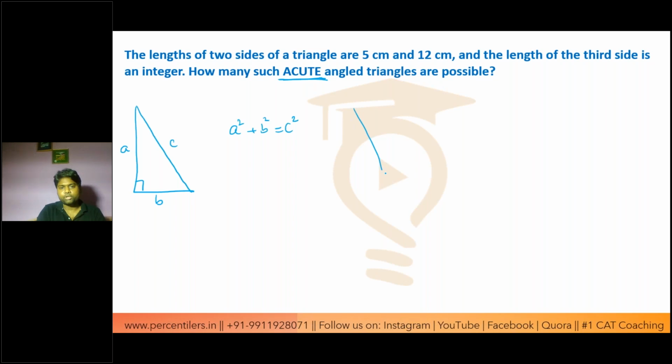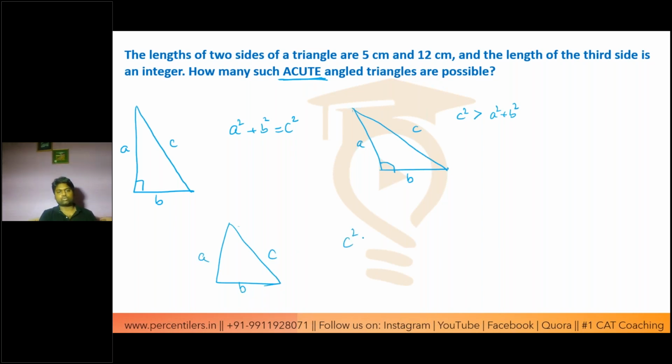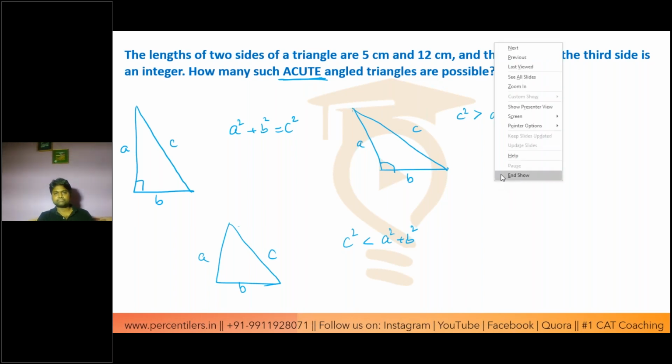Okay, for an obtuse angle triangle, if this is A, this is B, this is C, then C square will be greater than A square plus B square. Okay, and for an acute angle triangle, all are acute, then C square will be smaller than A square plus B square. Okay, you understand these?